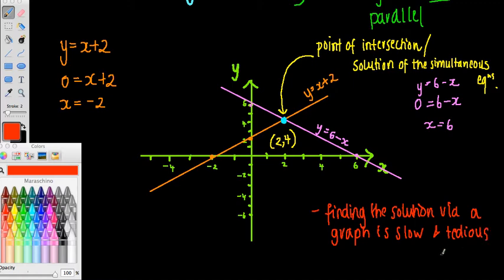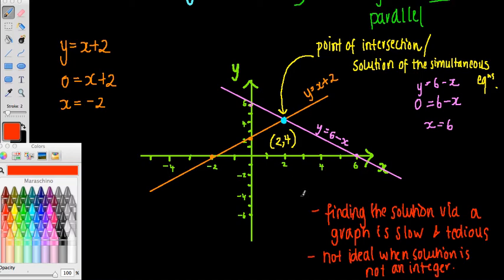If we had to draw a graph every time we wanted to solve these, it's not ideal, especially when the solution or solutions is not an integer, so not a whole number. But to start you off, it is a good idea to see visually what we're talking about when we talk about this solution.